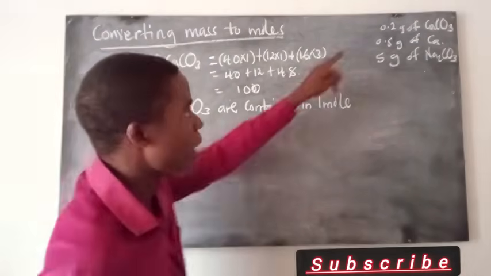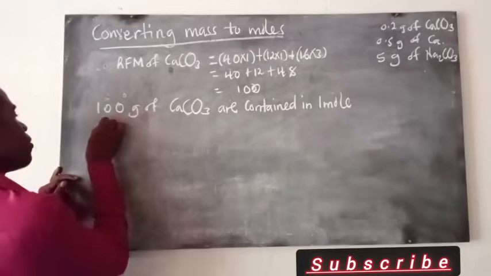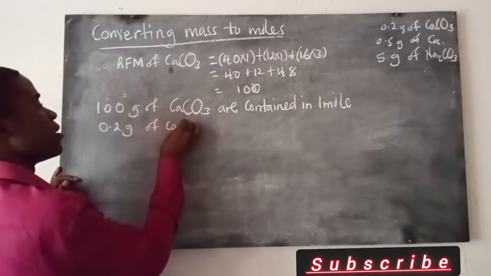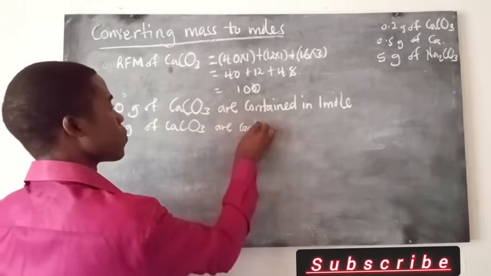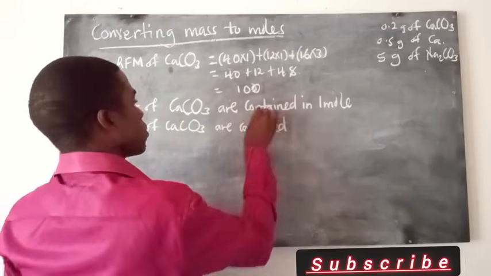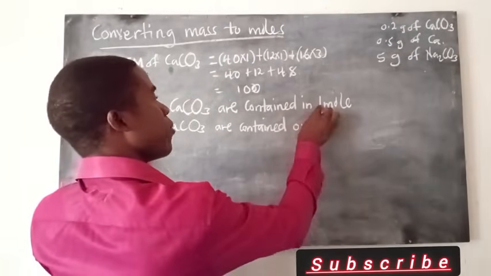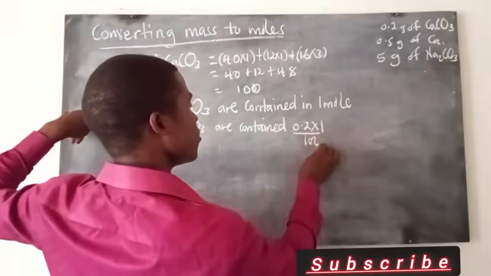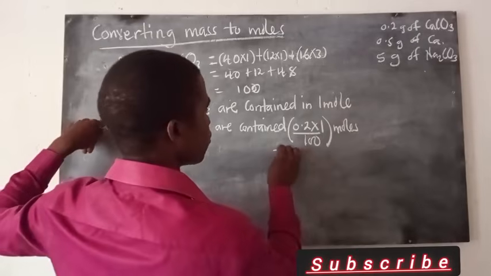Then what about 0.2 grams of calcium carbonate? We take 0.2, multiply by 1, then divide by 100.